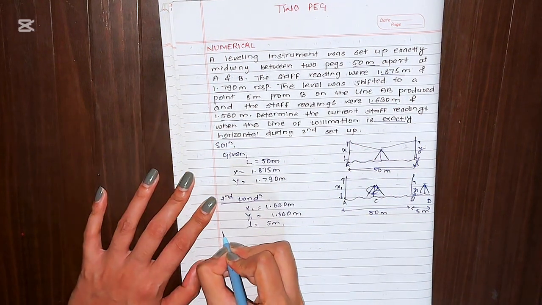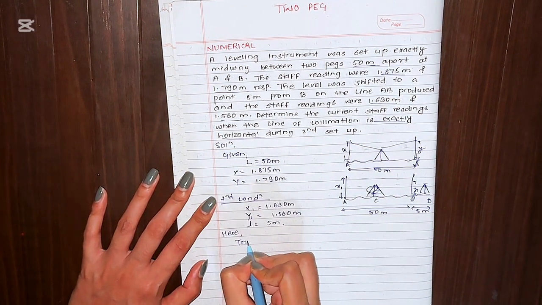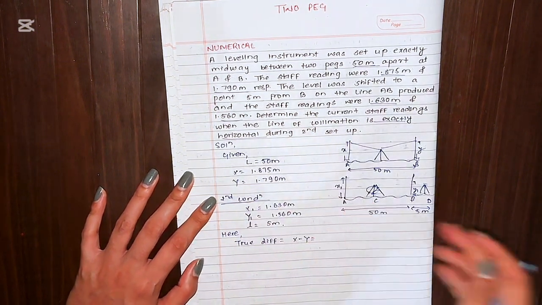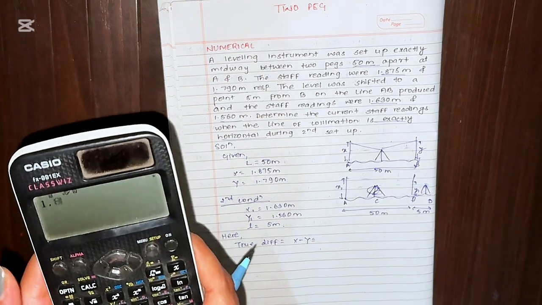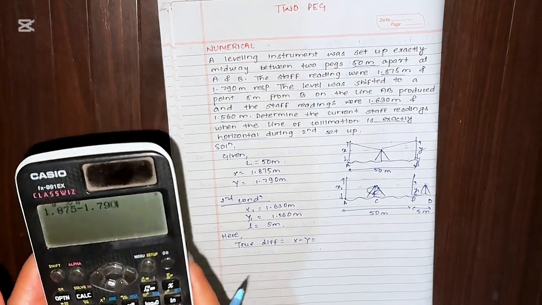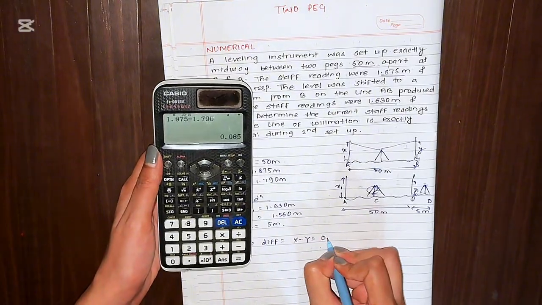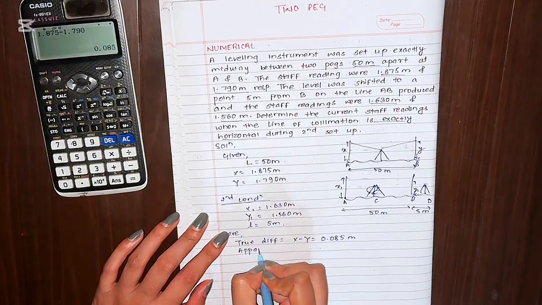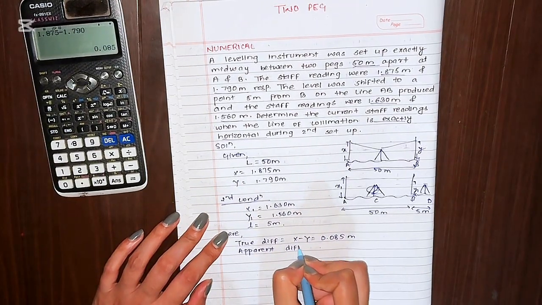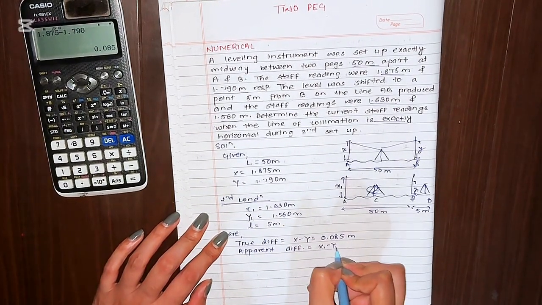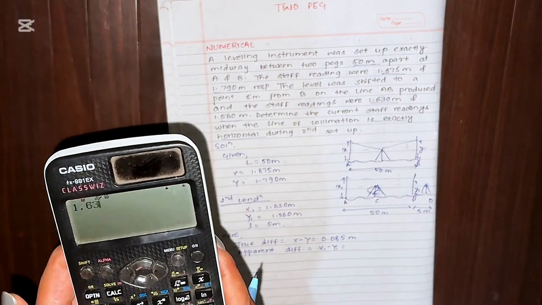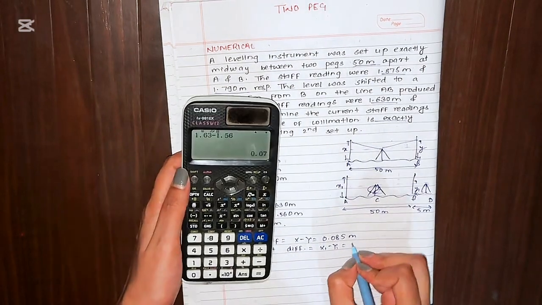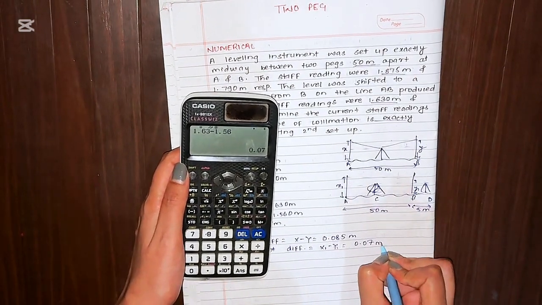So here we have true difference is equal to X minus Y, which is equal to 1.875 minus 1.790, that is 0.085 meter, and the apparent difference is equal to X1 minus Y1, that is 1.63 minus 1.56, which is equal to 0.07 meter.